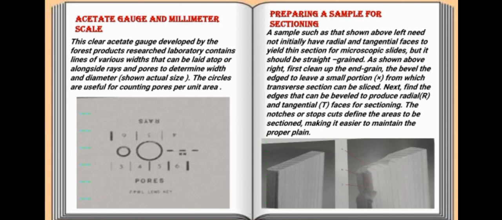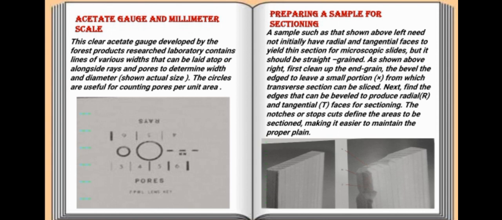These circles are useful for counting pores per unit area, just like in the picture. You can also see rays in the top and pores in the bottom, and the circles in this picture.